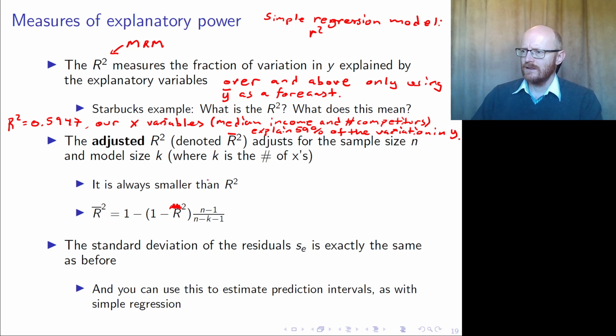The way the computer calculates the adjusted r squared is: adjusted r squared equals 1 minus (1 minus r squared) times (n minus 1) divided by (n minus k minus 1).